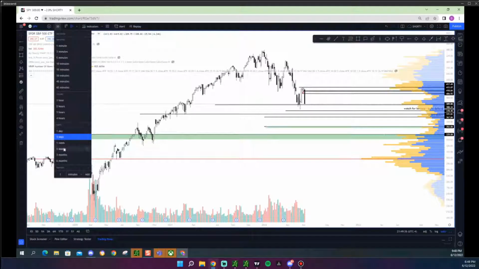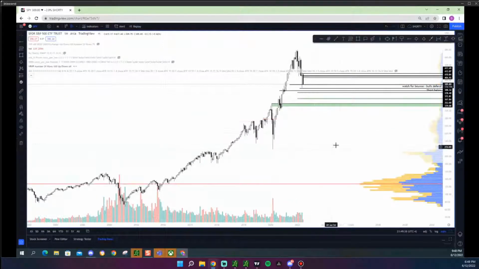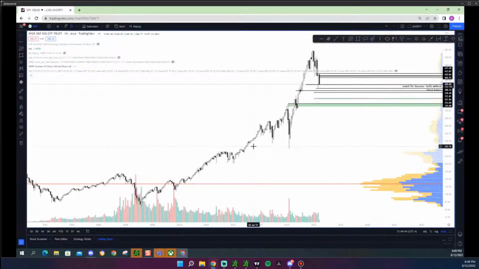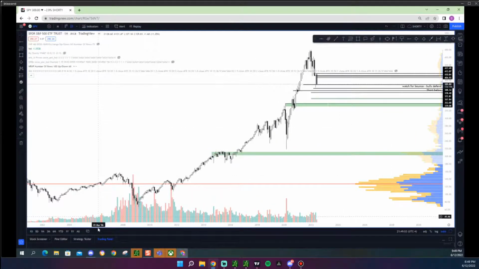And then I like to check monthlies now. Okay, if you guys are not scared yet, hopefully something's clicking. That's the biggest shelf. Do you guys remember what volume profile this is? Just flip this to the other side.